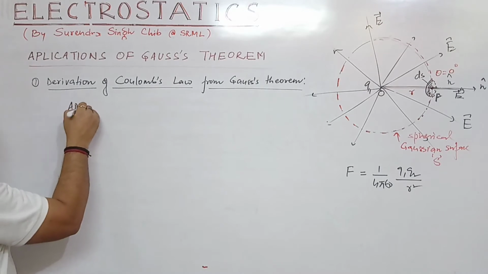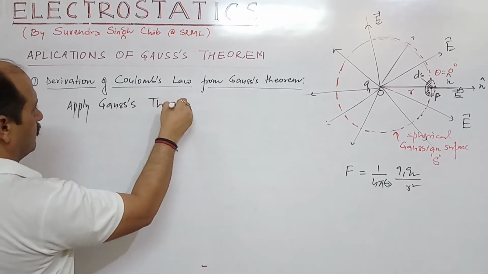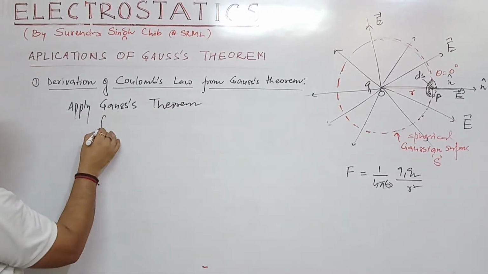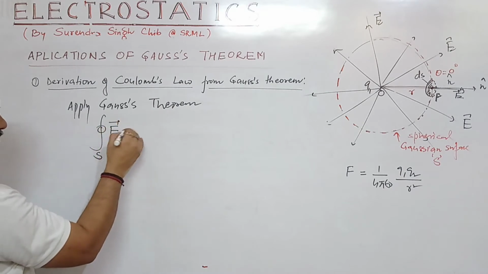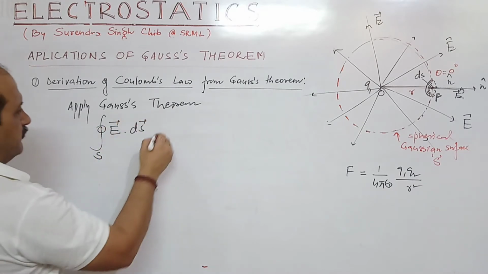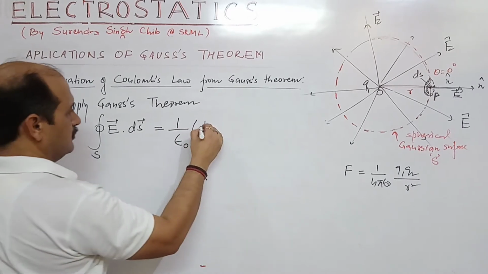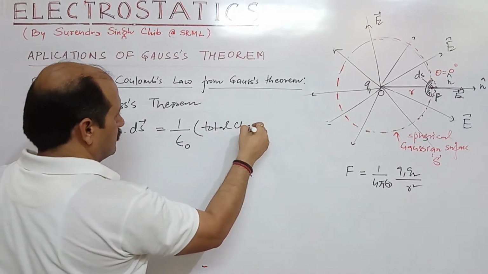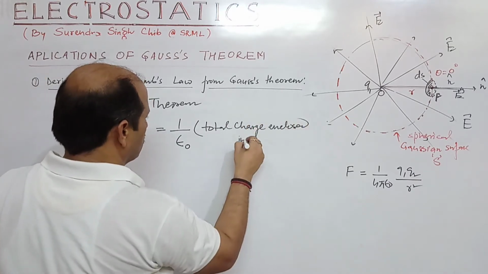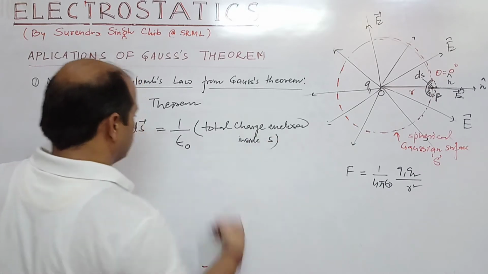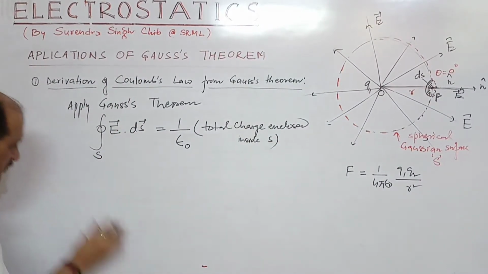So let's apply Gauss's theorem. What is Gauss's theorem? Surface integral of electric field intensity over the surface is equal to 1 upon epsilon naught times the total charge enclosed inside S. So let's do this part.